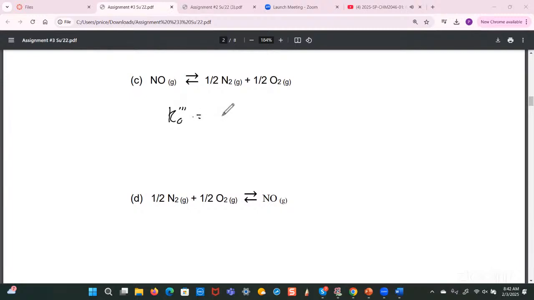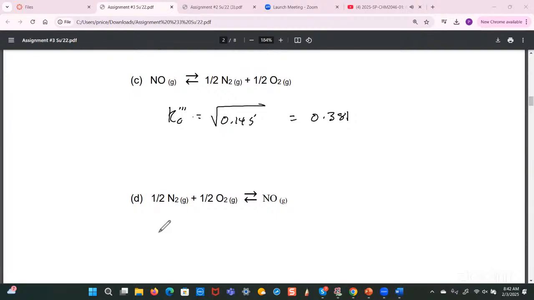What does that mean for Kc for this equation? Kc will be equal to the square root of 0.145. So the square root of 0.145, the answer I got is 0.381.